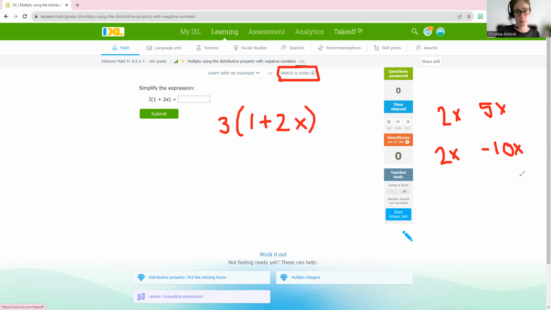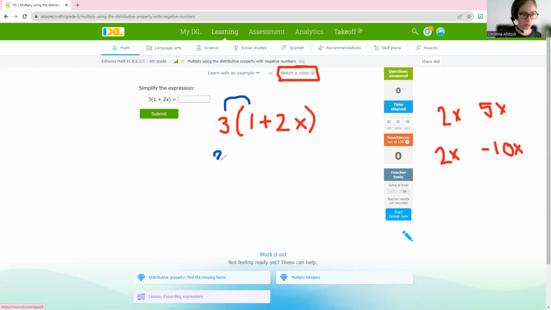I cannot combine them. I cannot add them. That means the only way we can get rid of our parentheses is through the distributive property, because not only are those parentheses grouping the 1 and the 2x together, there's also this 3 on the outside being multiplied. So we can distribute that 3 to everything inside the parentheses.